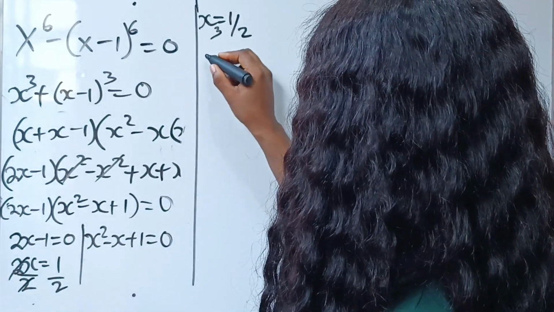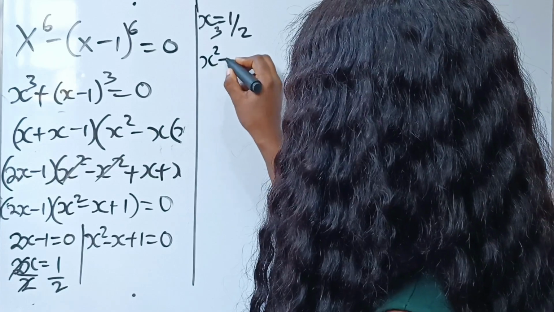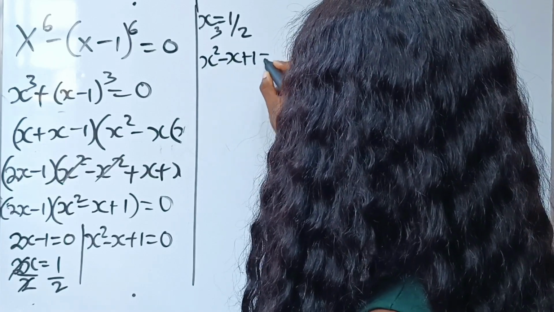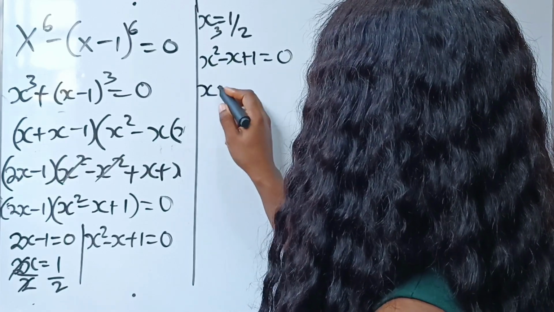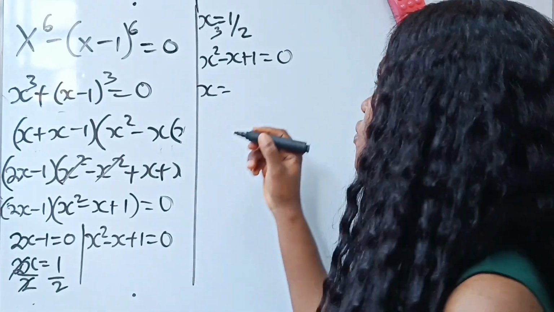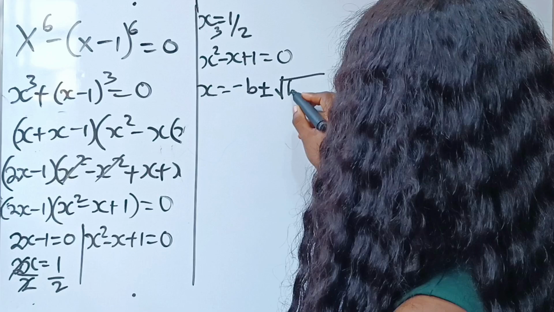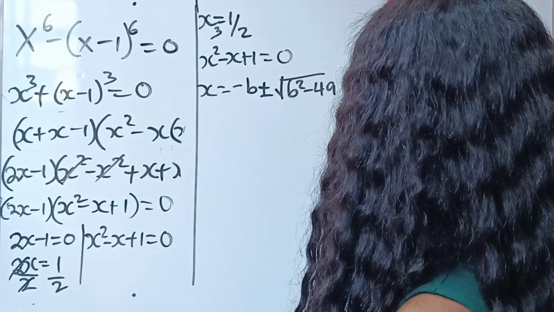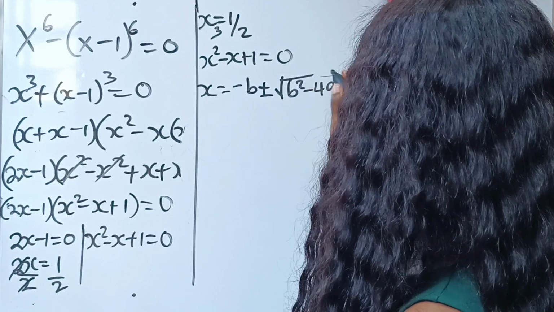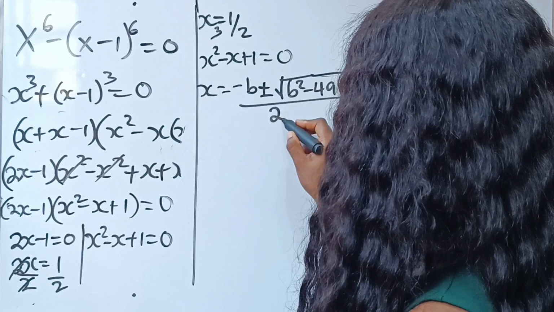So here we have that x to the power of 2 minus x plus 1 is equal to 0. Now using the quadratic equation formula, x is equal to minus b plus or minus square root of b squared minus 4ac, everything divided by 2a.